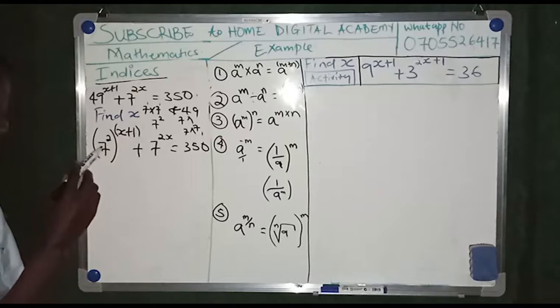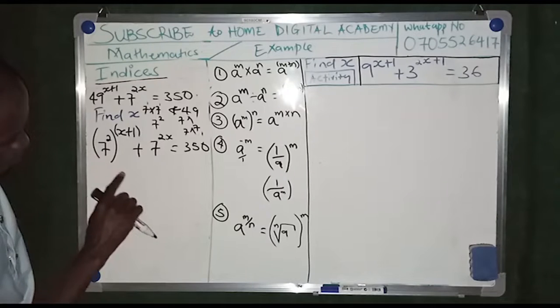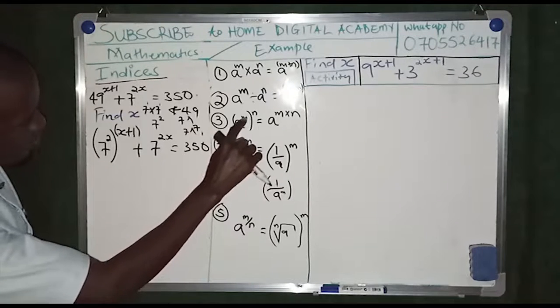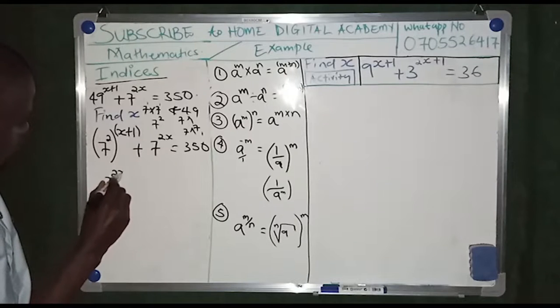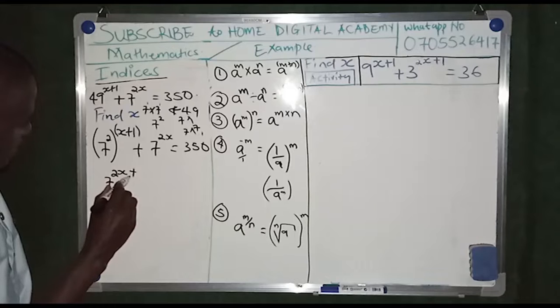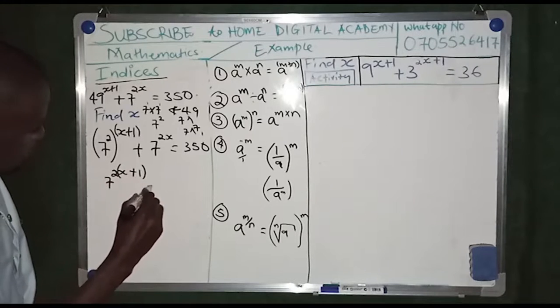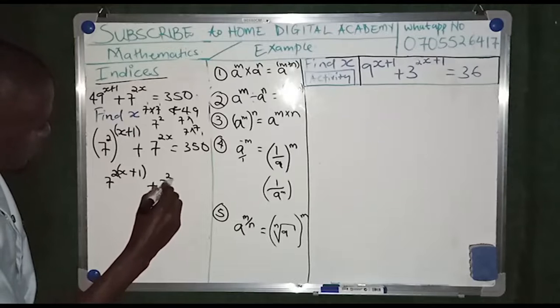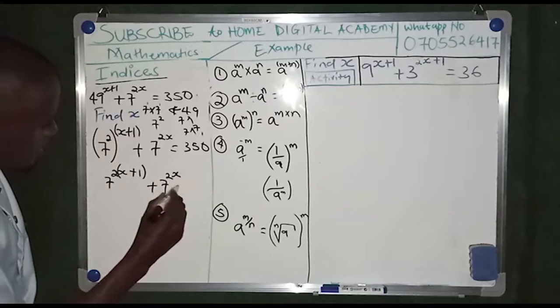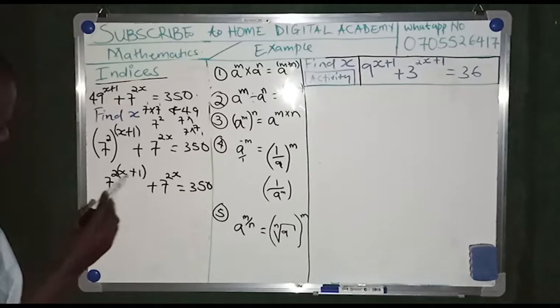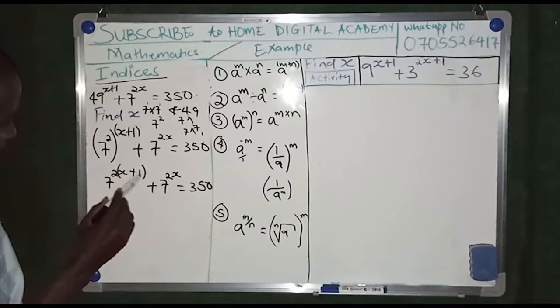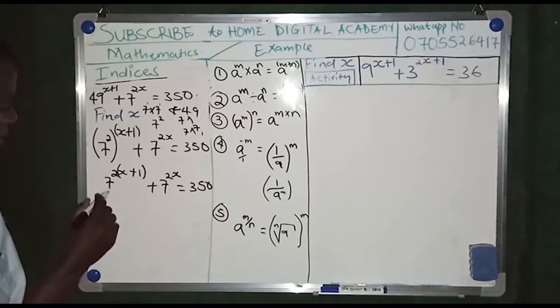Here, use this rule. So these two multiply. It will be 7 to the power 2 times x, plus 1, then plus 7 to the power 2x, which is 350. Now these two will multiply, the two numbers inside the bracket.